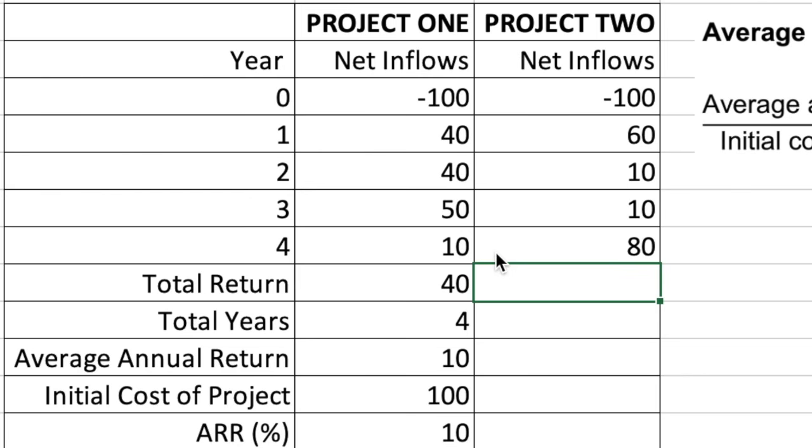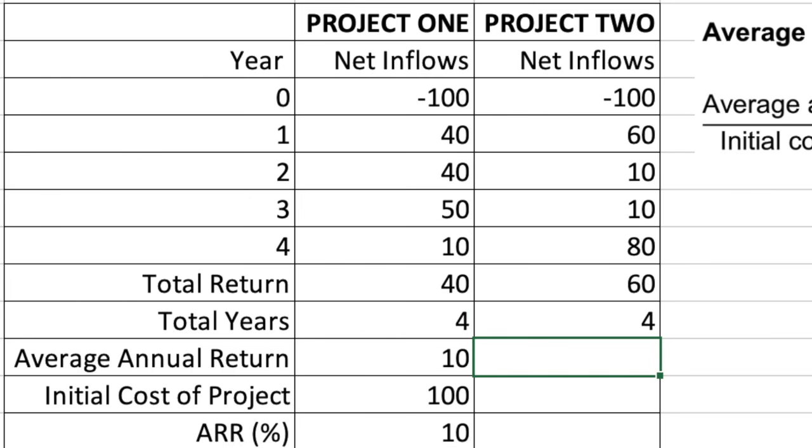Now let's do the same for project 2. So we can see in project 2, we need to firstly just add up all of the inflows from year 0, being the cost of the investment, through to the final year. So add those all up, and that comes to 60. The total years is the same, so it's 4.